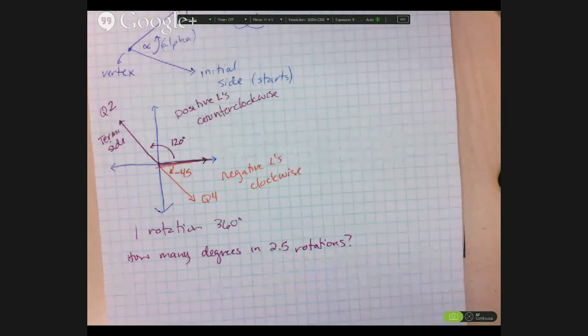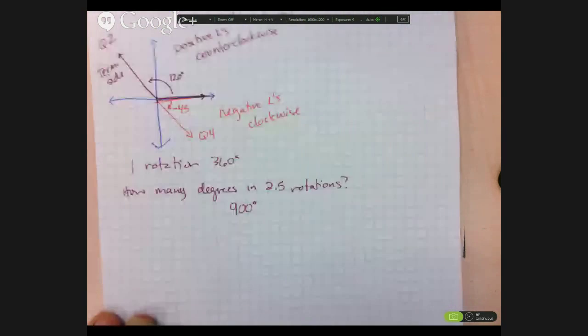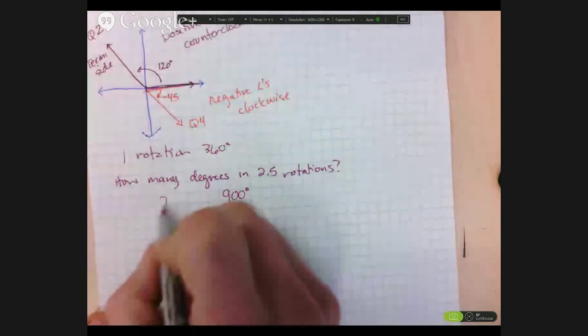Think you can handle that? Somebody can give me an answer. 360 plus 360 plus 180. Because we can add and subtract and multiply and divide, I'm pretty sure. 900.